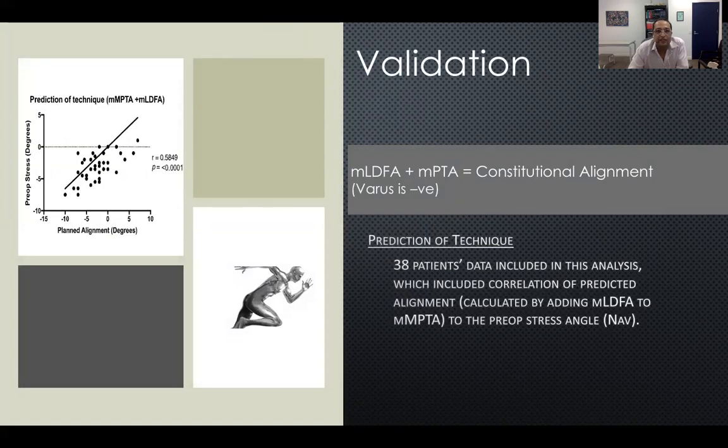Here's a regression analysis that we did on this cohort of patients, and we found that the R value was 0.58, which is quite a significant correlation between this arithmetic formula, that mechanical lateral distal femoral angle plus mechanical proximal tibial angle is equal to constitutional alignment. So we can predict those patients that are constitutional outliers by this simple formula.